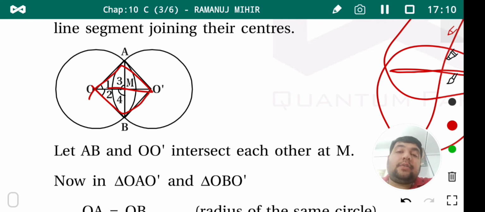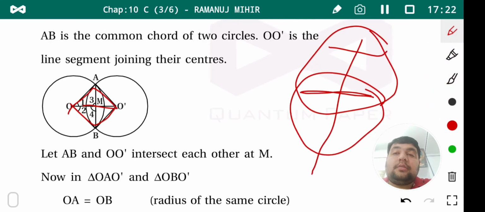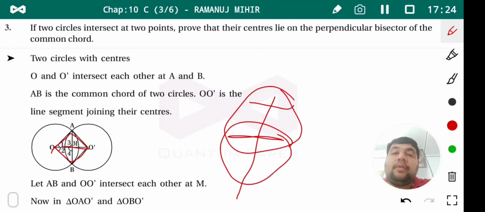But the chord is common between the circles, so it will pass through the centers of both circles. So that's how we have proved it.